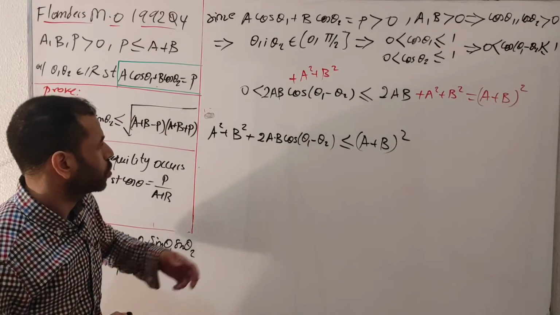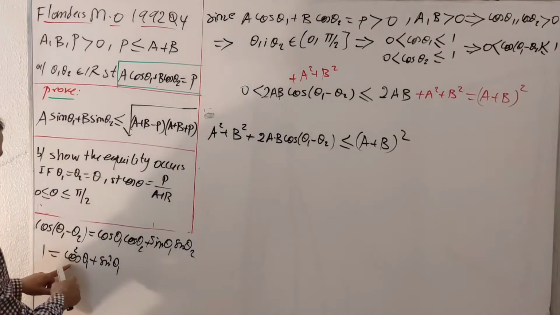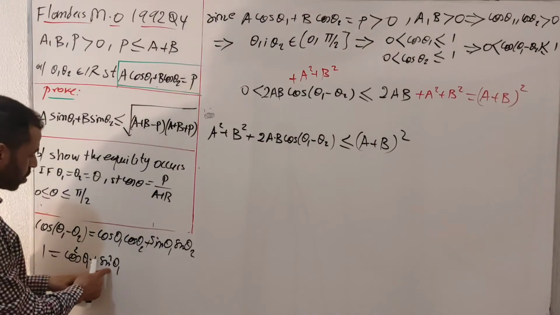The next thing I'm going to do: we know 1 equals cosine square theta 1 plus sine square theta 1.